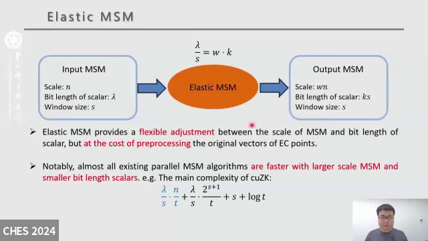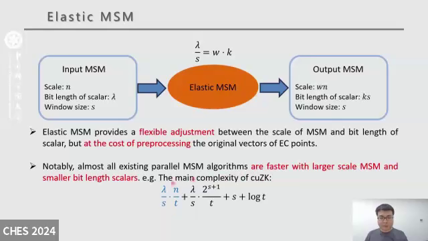Notably, almost all existing parallel MSM algorithms are faster with larger scale MSM and smaller scalar bit length. For example, let's see the main complexity of cuZK. From this figure, we can see that this term is fixed.